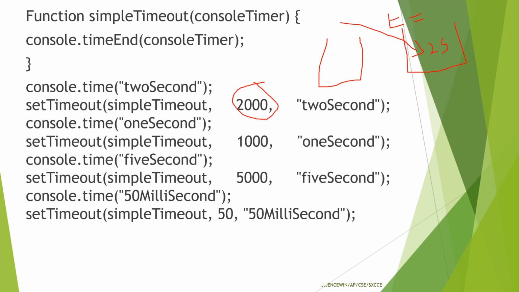And next, console.time starts another timer with the label 1 second, and now we are invoking this one. This is again blocking, for 1 second. Next is the 5000 milliseconds, again added here. Then finally the 50 milliseconds.